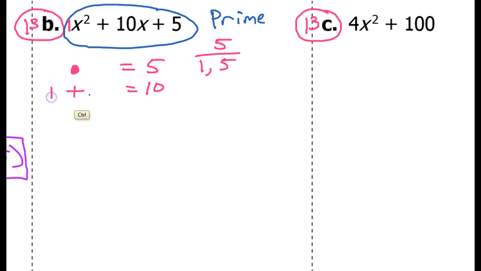Okay, well, 1 and 5. No, there's no way we can choose the signs so that it will add up to 10. There's no possible way. So that's how we know it's prime, because there is no product and sum. There's no way to make 10 and 5, product and sum. Anyway, let's move on to 13C.